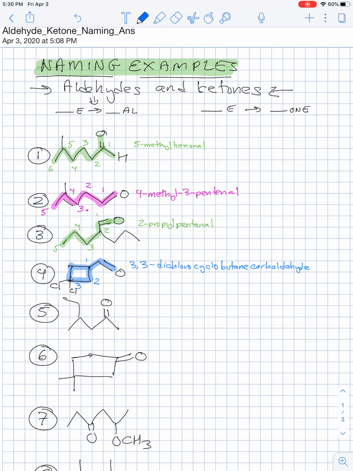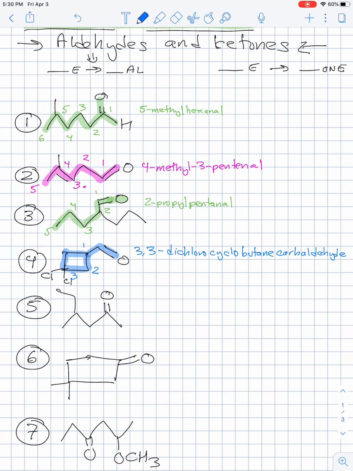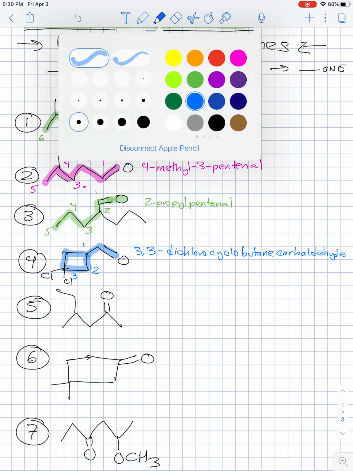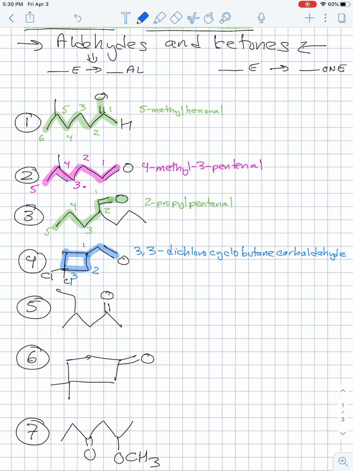And in the ring, the number 1 carbon is always the one that's attached to the aldehyde. And so this is what you're going to do in any situation where you have the aldehyde carbonyl directly attached to the ring. If you don't, then there are other things you can do, and I'll actually demonstrate that a little bit lower. So that's aldehydes, at least for now. So now we'll tackle this ketone.